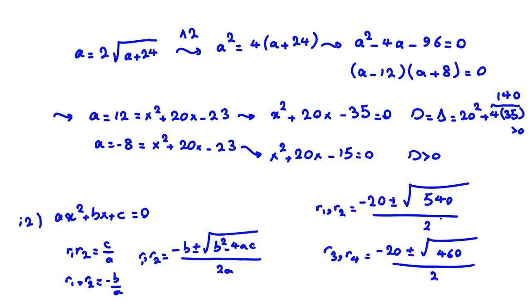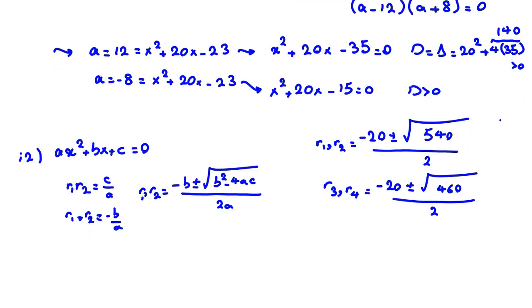If we simplify, r1, r2 are negative 10 plus or minus the square root of, dividing by 4 inside the square root, 135, and 135 is 5 times 27.